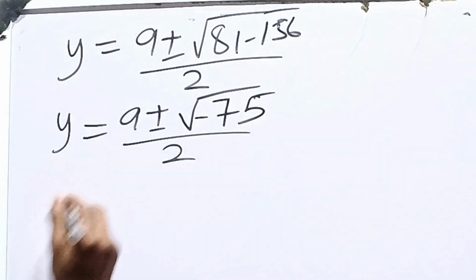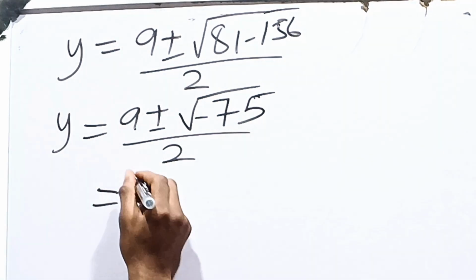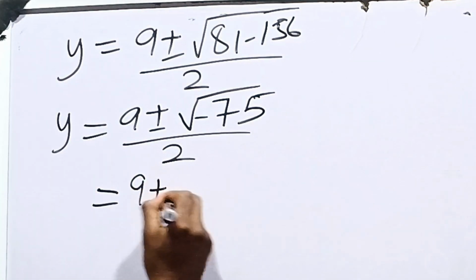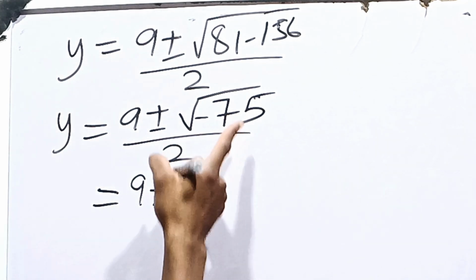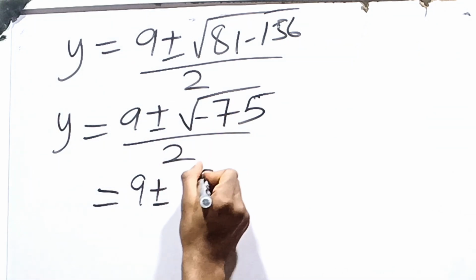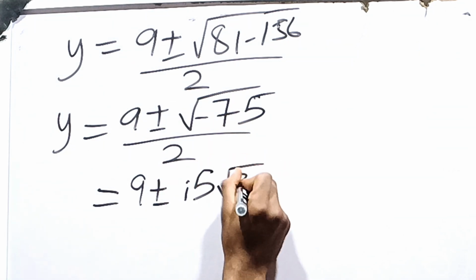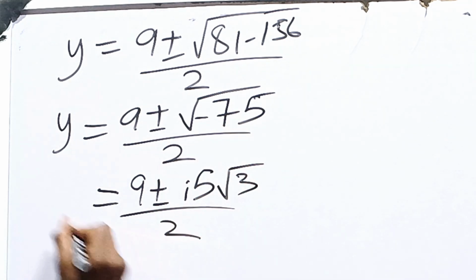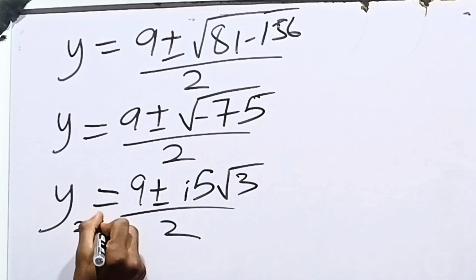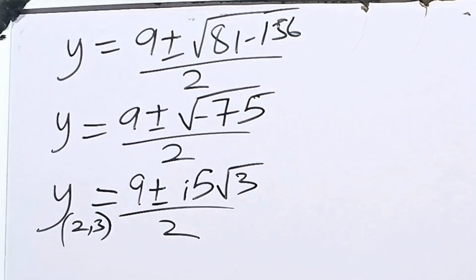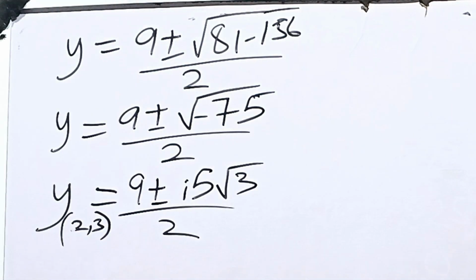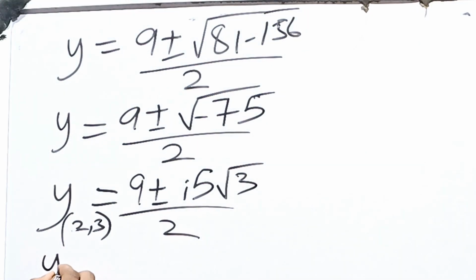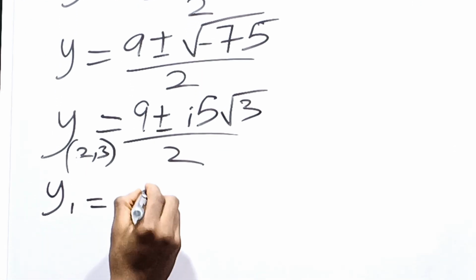Now this is equal to 9 plus or minus root of negative 75, which is i multiplied by root of 75, which is 5 root 3, divided by 2. So these are y2 and y3 respectively. y2 is the plus, y3 is the minus, and the first y we have is equal to negative 3.